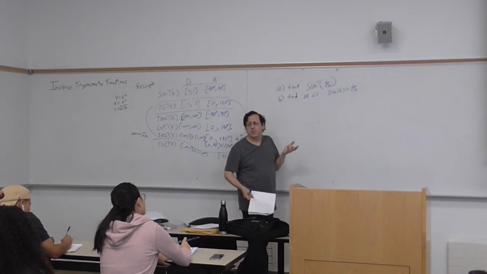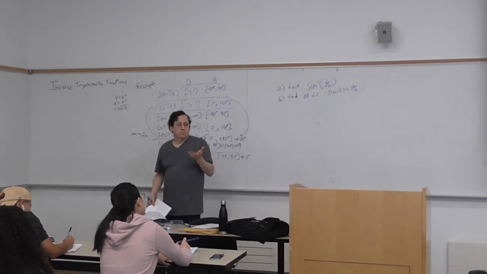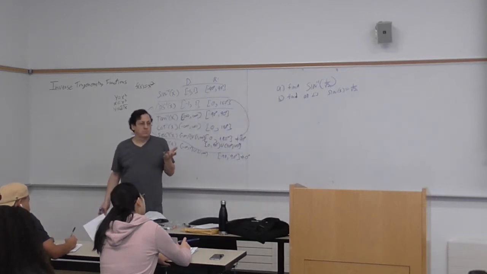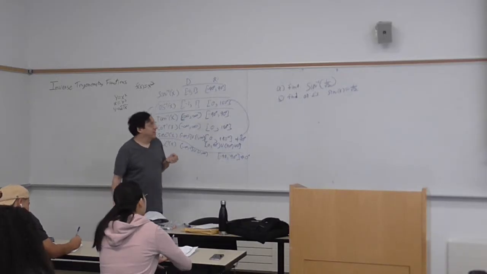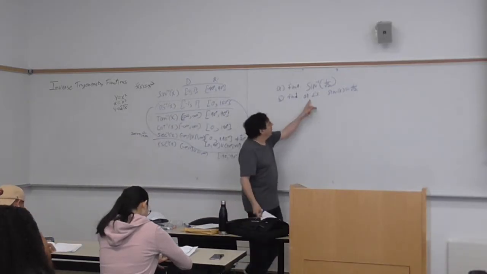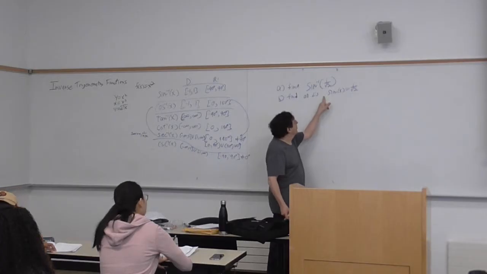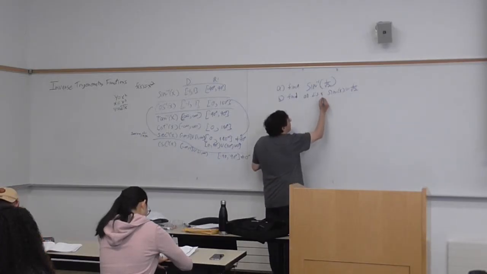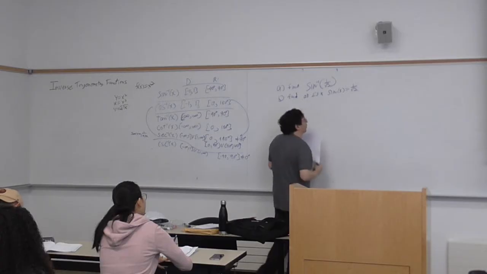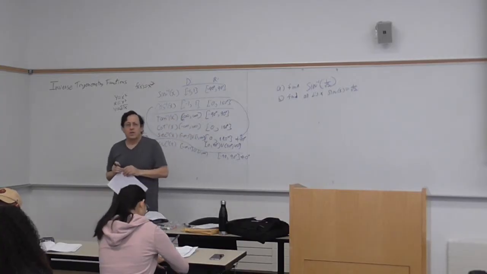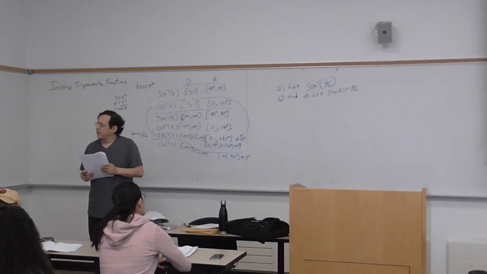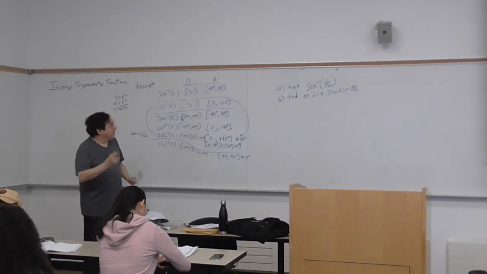It's going to have how many values? It's a function. How many values is it going to have? 1, yeah, okay. Find all angles x such that the sine of x is equal to 1 over the square root of 2. How many of those are there? Infinite, yeah.